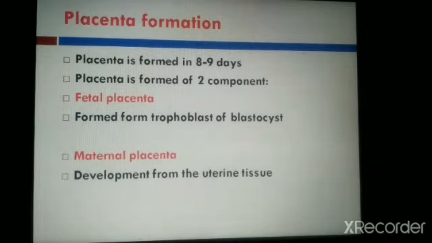After that, the morula continuously divides and is transformed into a blastocyst. The blastocyst has two layers: an outer layer and an inner group of cells. The outer layer is called the trophoblast, and this trophoblast forms the fetal placenta. And the maternal placenta develops from the uterine tissue.